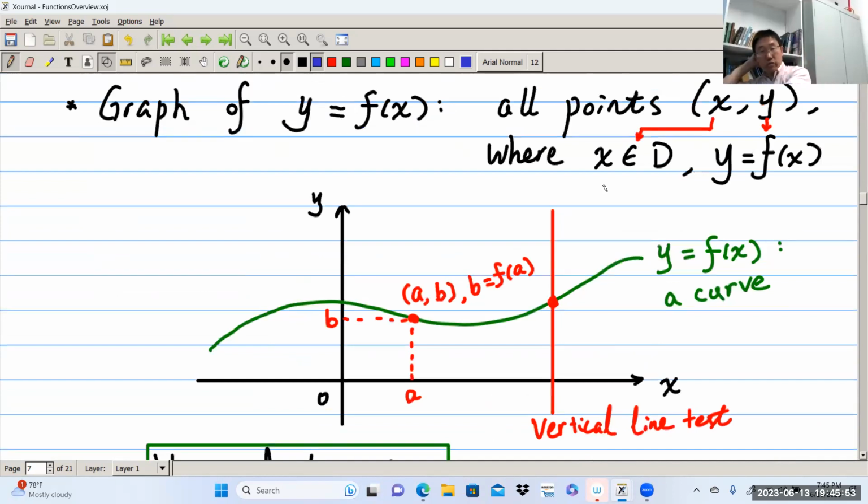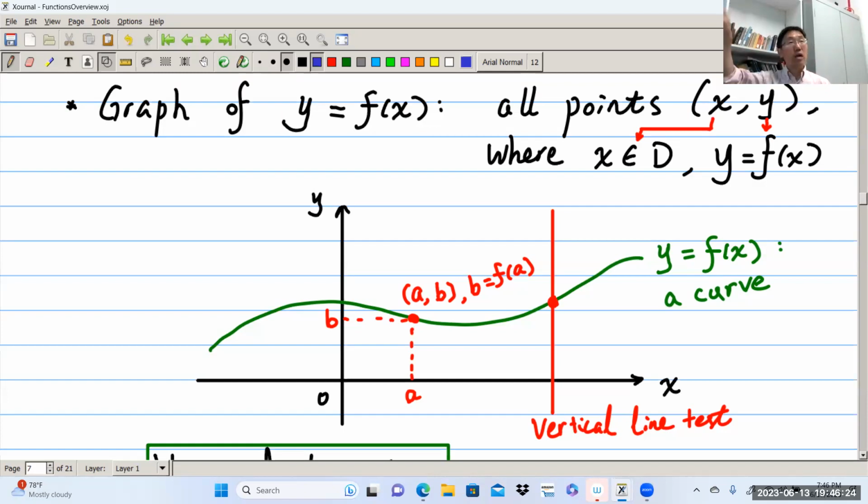So keep in mind, a function assigns each x value one y value, right? y equals f of x assigns each x value one y value. So if you put this x value and the y value together, then you can form an ordered pair of numbers, right?